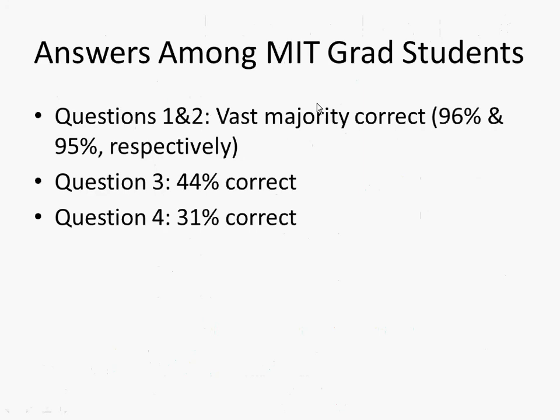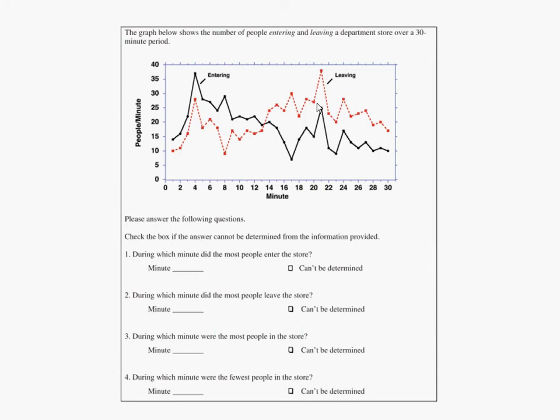But questions 3 and 4, interestingly here. During what minute were the most people in the store? And then during what minute were there fewest people in the store? People's intuitions on that are off.